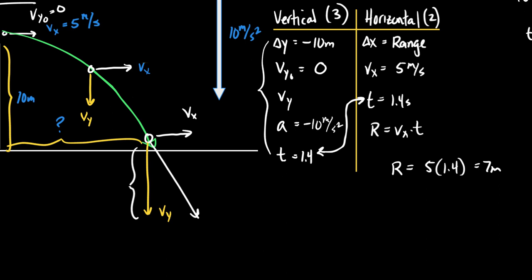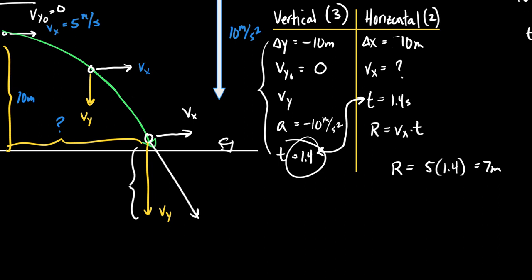What if instead of telling you how fast it was thrown, I want to land in a bucket that is 10 meters away? If the bucket is over here, it doesn't change the problem very much, does it? I need to find out how fast I go sideways. Is that going to change how long it takes to reach the ground?